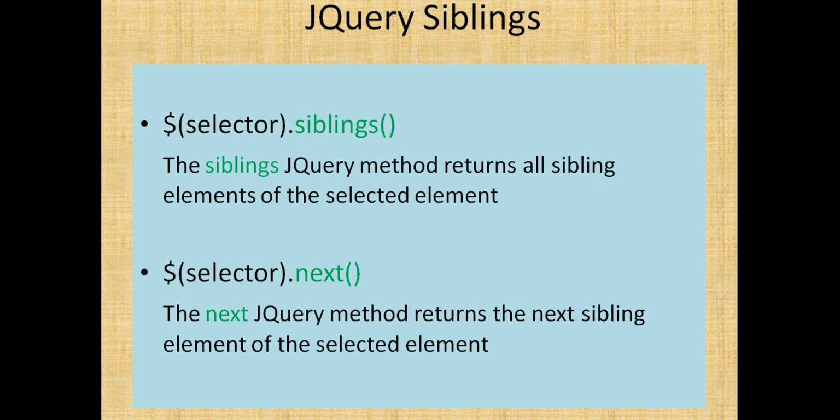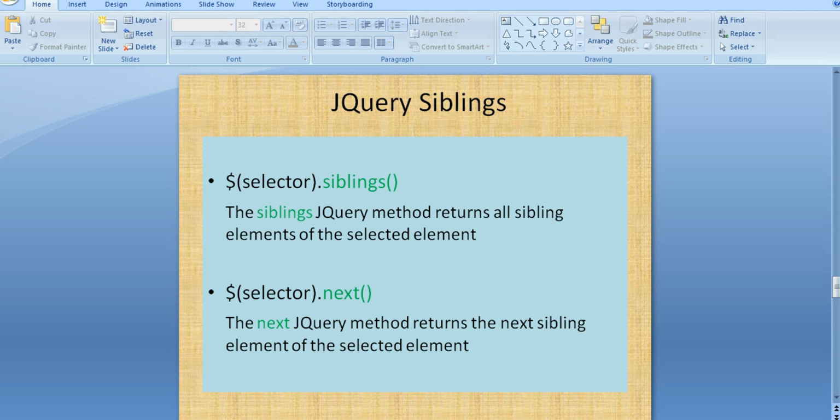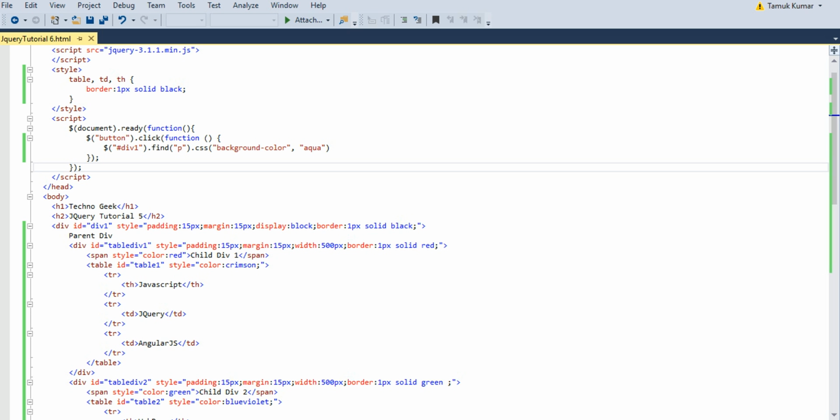The next topic that we are going to discuss is jQuery siblings. The first method is the siblings method. The siblings jQuery method returns all sibling elements of the selected element. Let's see how it works. I replace find with siblings.